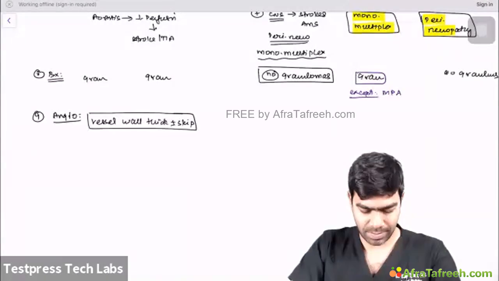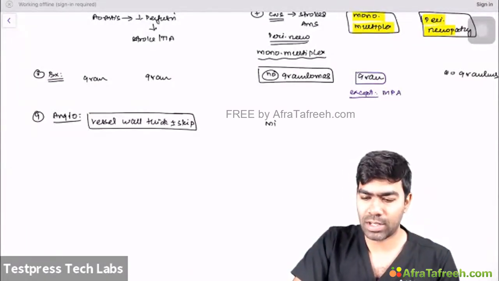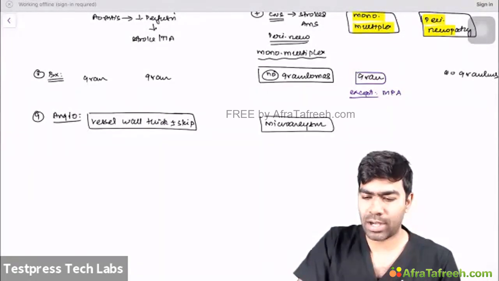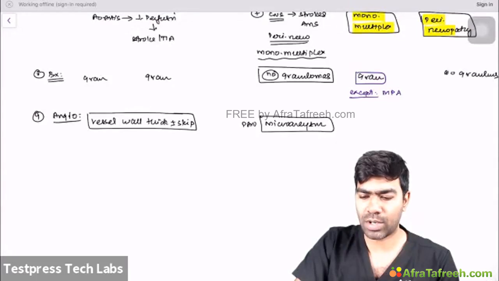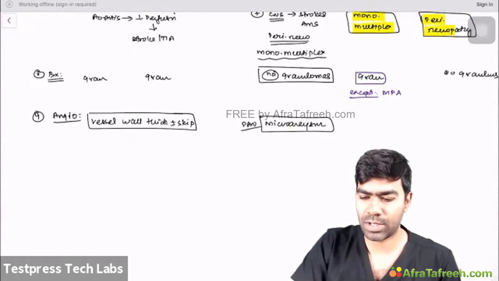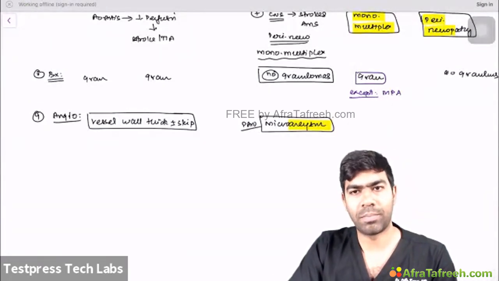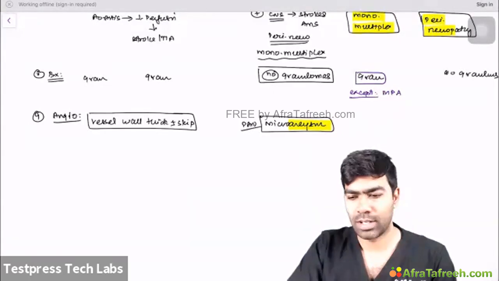As far as the medium vessel vasculitis is concerned, typical is aneurysm formation. Microaneurysm in the setting of PAN, very characteristic, but in Kawasaki you can see these bigger giant macroaneurysms also. But nevertheless, aneurysm formation is very typical of a medium vessel vasculitis. Micro in the setting of PAN, macro in the setting of Kawasaki disease.